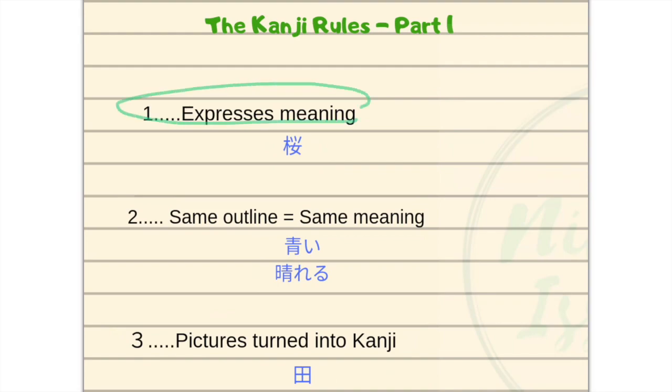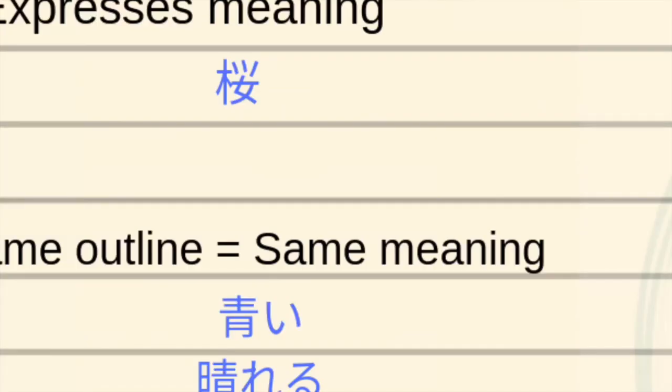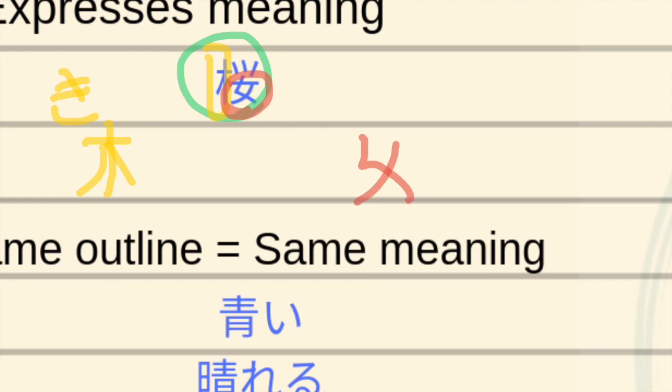Okay, we have this kanji. Let us zoom in. If you imagine this part as a tree, which in Japanese is called ki, the kanji that we have here is this. Next, the bottom part refers to onna, that is a woman.